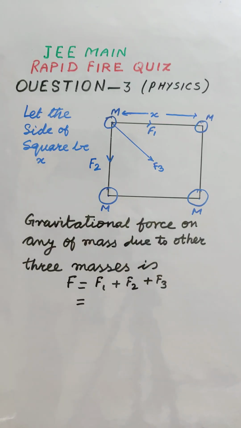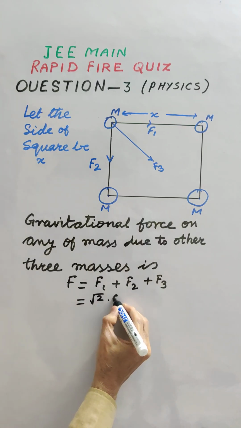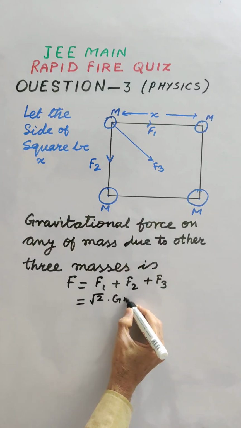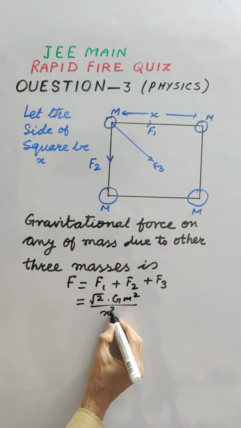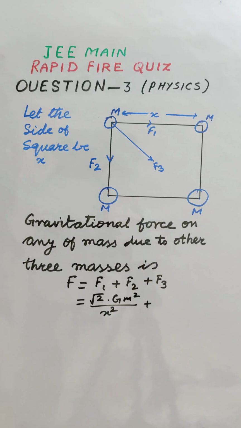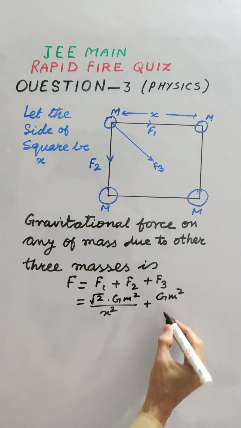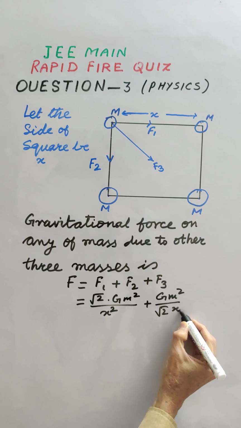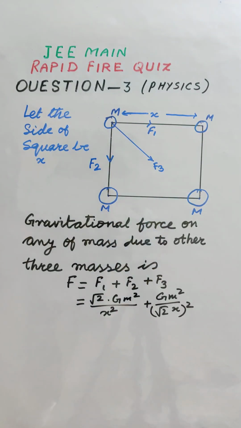Substituting the values, F1 is square root 2 into G m square upon x square, plus G m square upon (square root 2 x) square, which is the diagonal one.